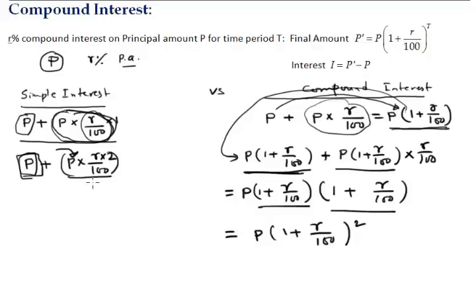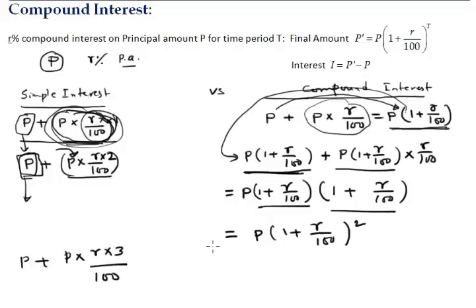So in simple interest, the principal amount always remains the initial principal amount, only the interest per year part adds. So here we are multiplying 1, 2. So next year it will be P plus P times R times 3 division 100.